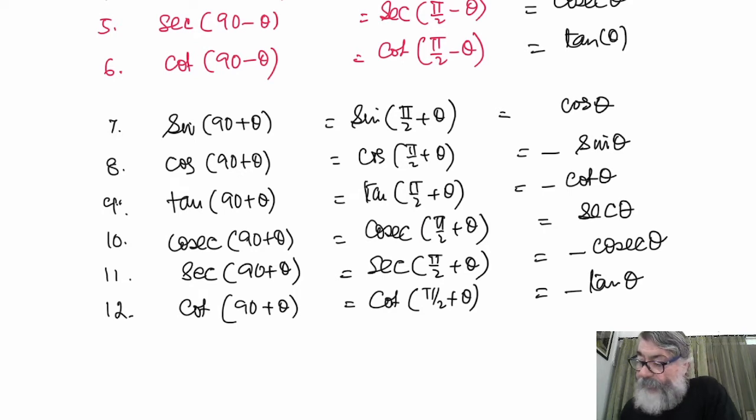Now it is 7, 8, 9, 10, 11, 12. Now let's go to another: 90 minus theta, 90 plus theta. Now let us come to 180 minus theta, 180 plus theta.